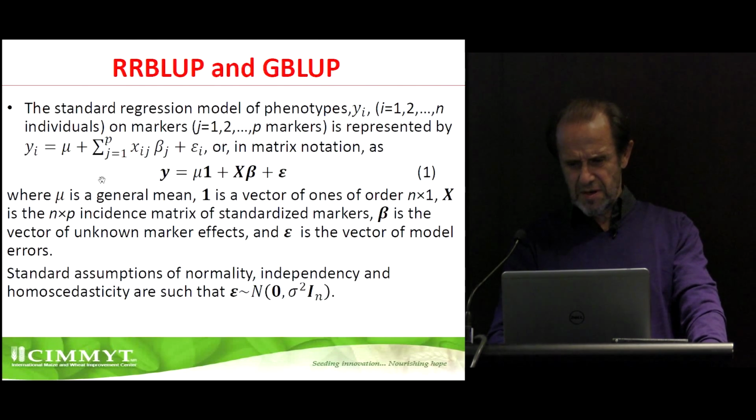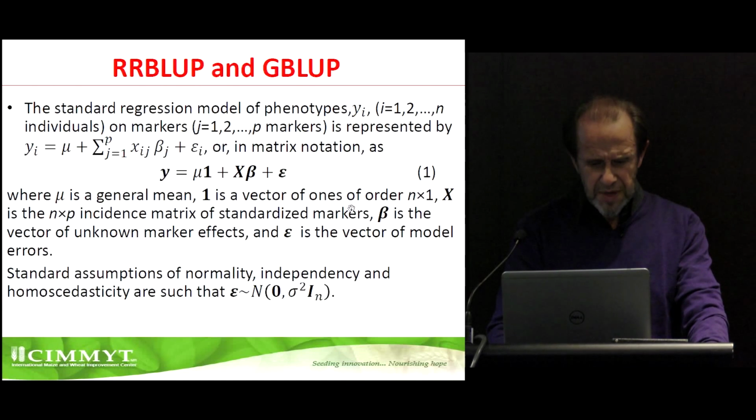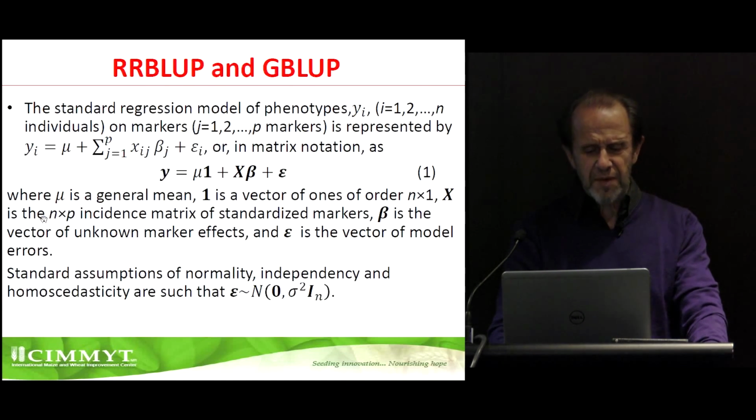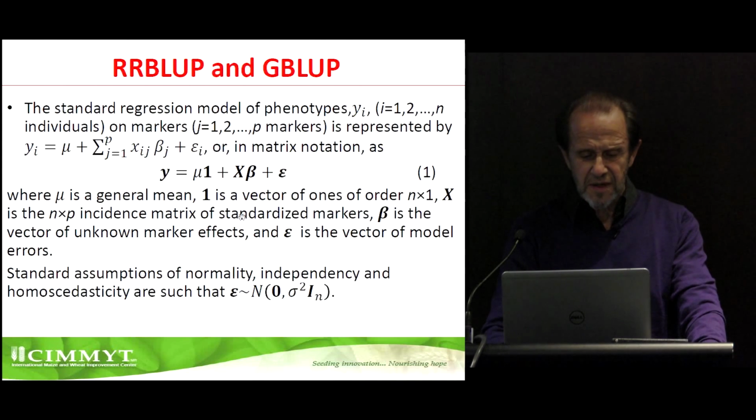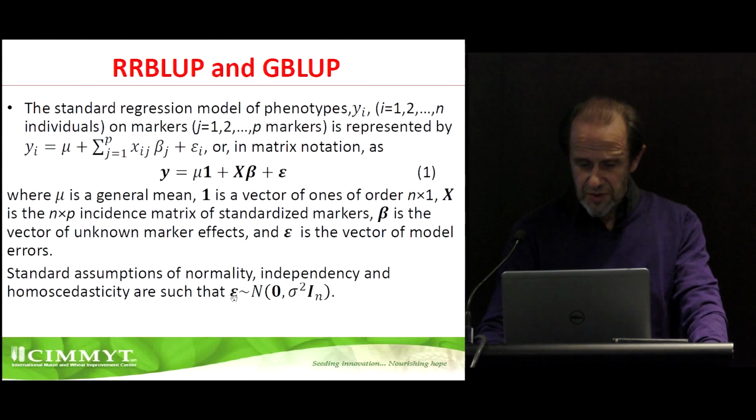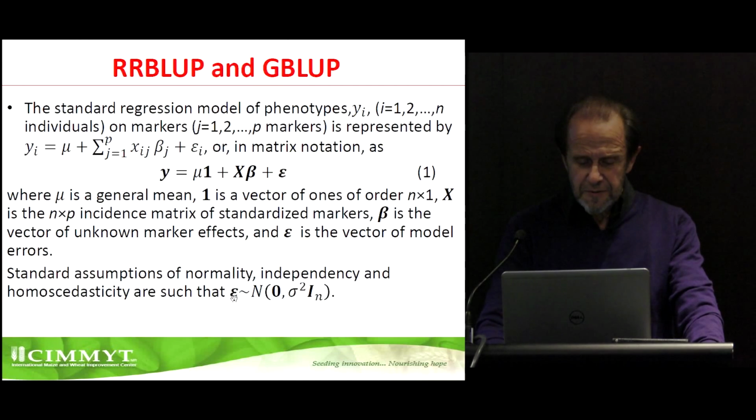This X is n by p, where p is the number of markers, which is usually standardized for ridge regression. Beta is a vector of unknown marker effects, and we assume that the residual has a normal distribution.